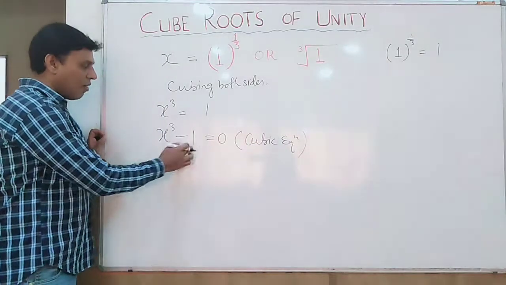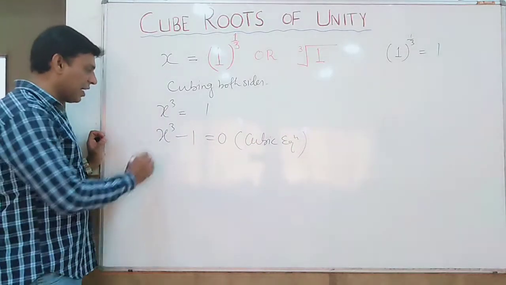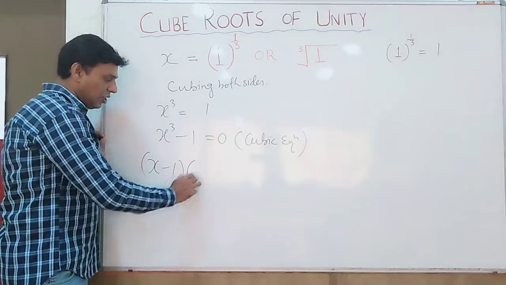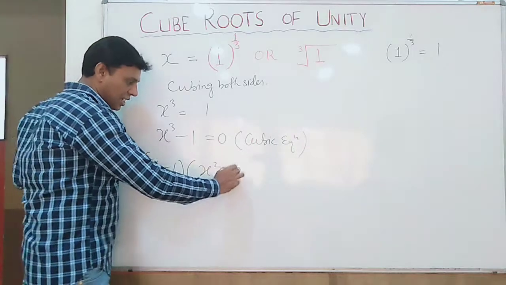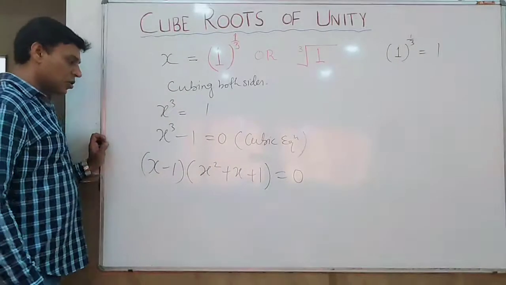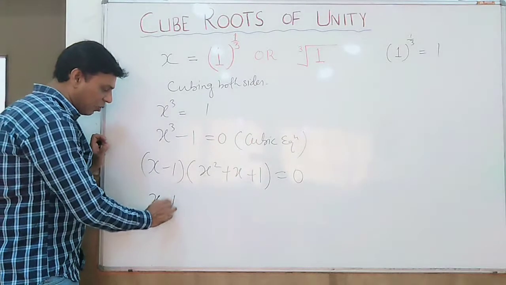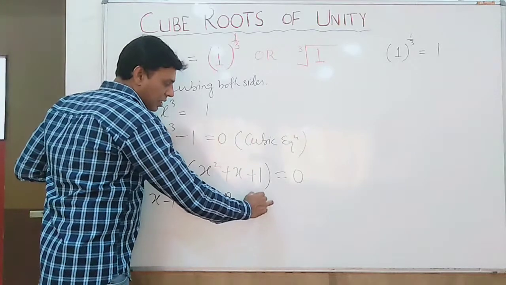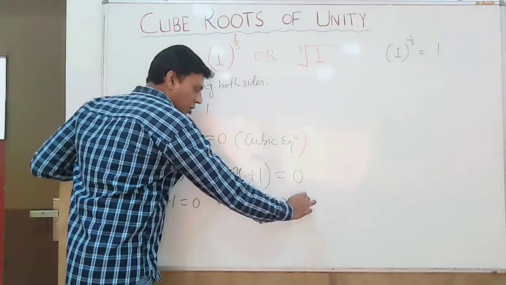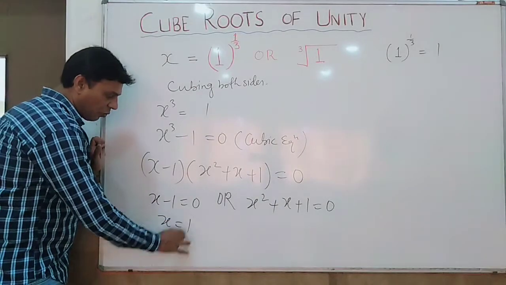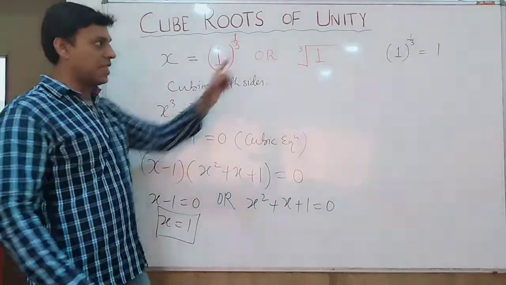We can apply an identity here: x cube minus 1 can be written as (x minus 1) into (x square plus x plus 1) equal to 0. So we can put this bracket equal to 0, or we can put that bracket equal to 0. From here we get x equal to 1, which was your answer in the beginning.